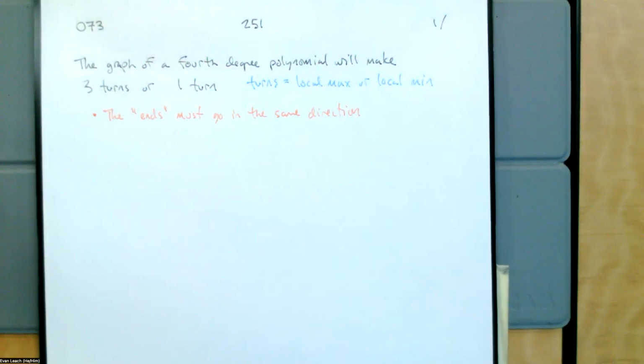A turn is going to be a local max or a local min, a place where the graph is changing direction. When that's happening, we're going to see critical points.